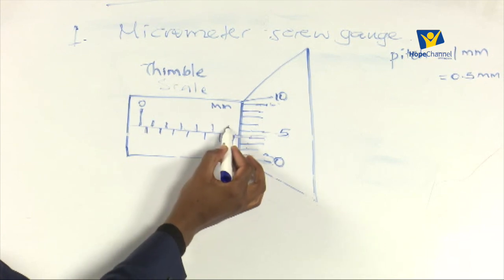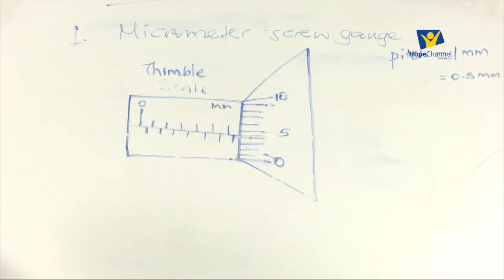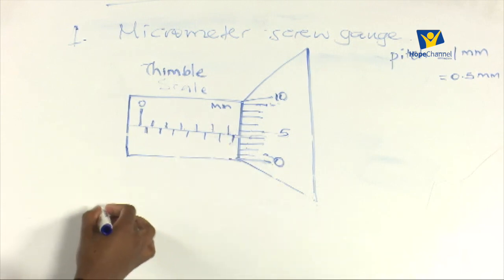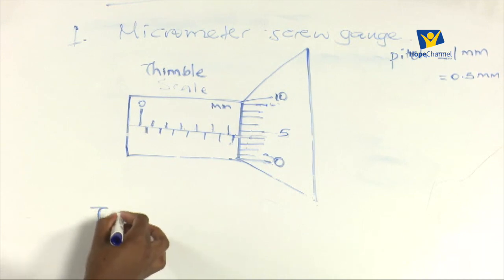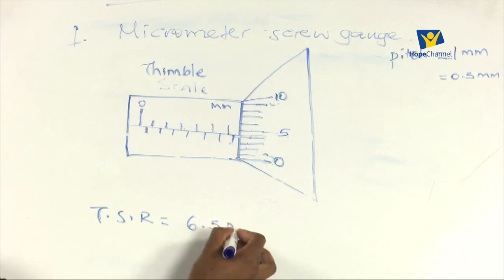Now if this is 6, up to here this is 6.5. So the lower divisions will subdivide the upper units into smaller units of 0.5. So the last one we are seeing here is not 6 but 6.5. So now it changes. The thimble scale reading will be equal to 6.5 millimeters.